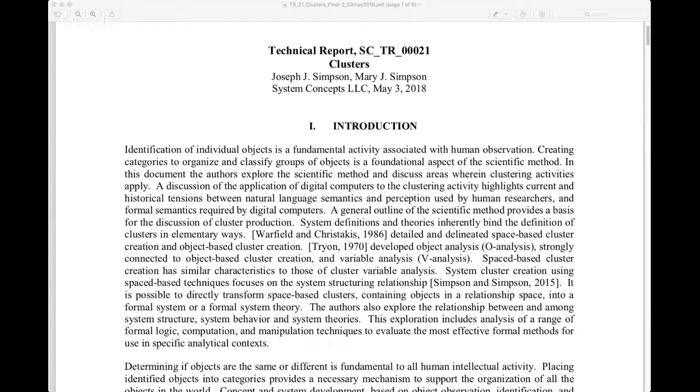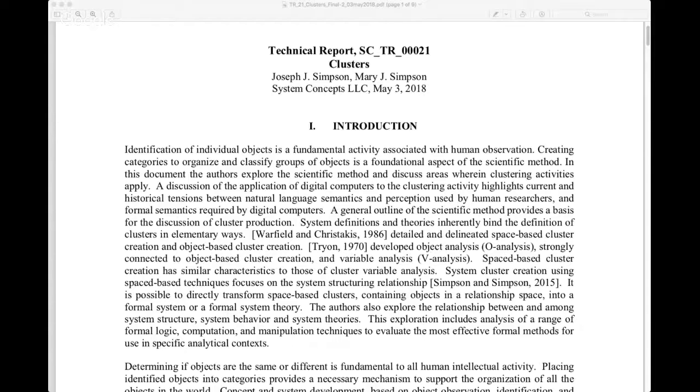Another feature of this particular report is it focuses on Tryon's work. He developed cluster analysis in the 1930s and worked on it up until the 60s and 70s, starting with calculations done by hand or with a mechanical machine, and then moving to digital computers and the conversion of the methods to digital formats.